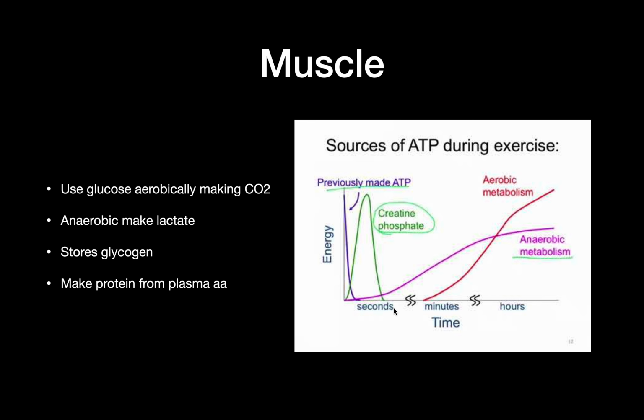As you can see, it's just seconds. And then you have to go into anaerobic metabolism, like not just in hours, but as you can see, it's just minutes. You're already going into anaerobic metabolism. But as you can see here, it's not one or the other. You do both. You have both anaerobic and aerobic metabolism.